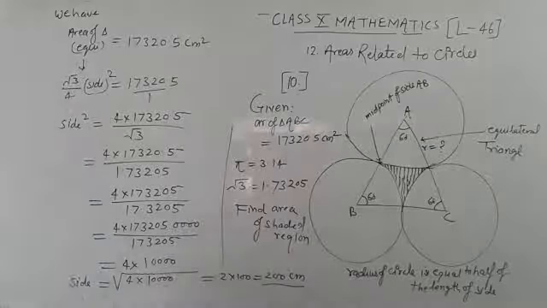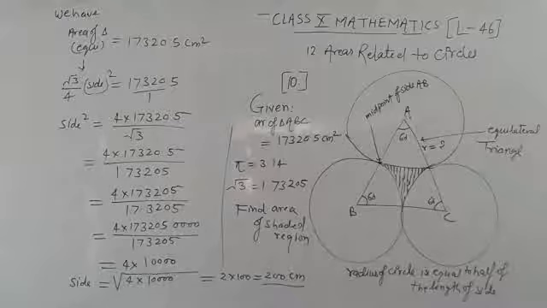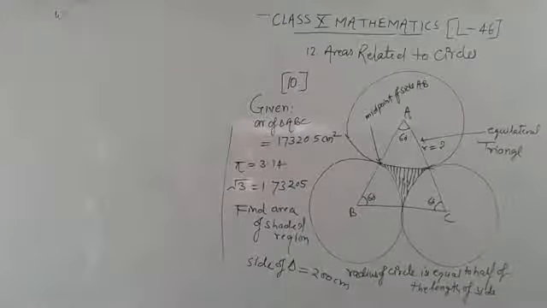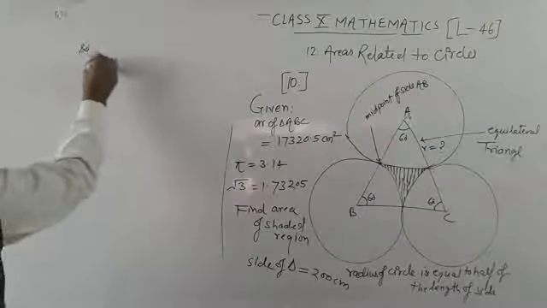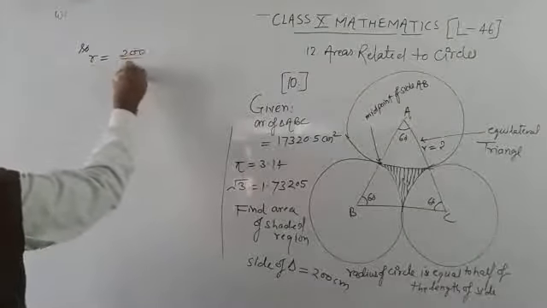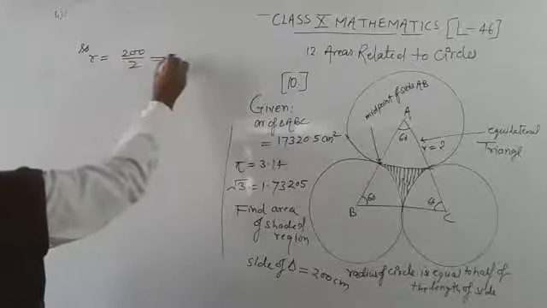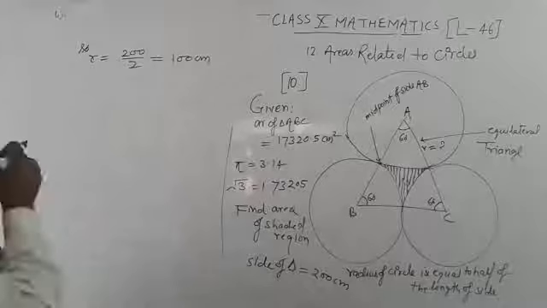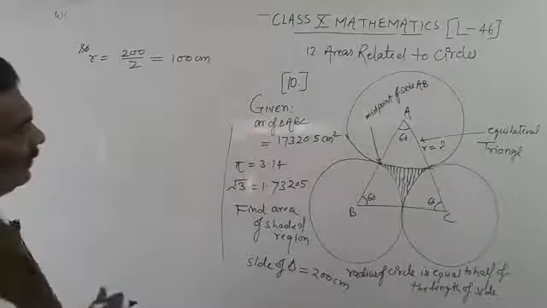So write down this. So, students, here we have the side of the triangle 200 centimeter. So radius is equal to 200 upon 2, which is equal to 100 centimeter. Now we have to find the area of the sectors.